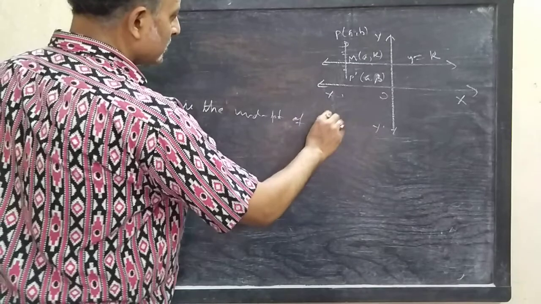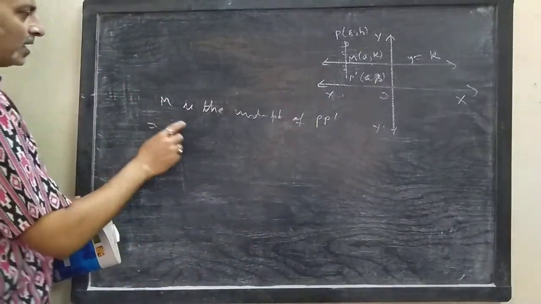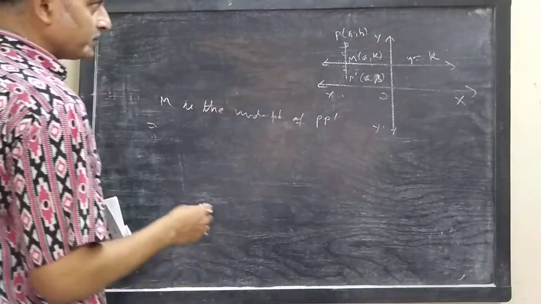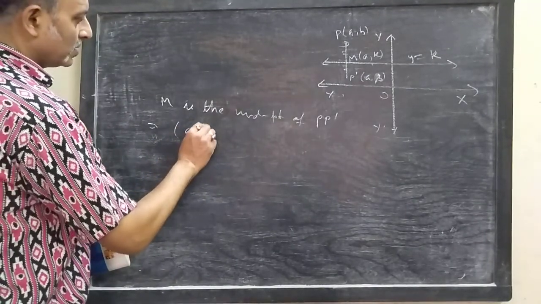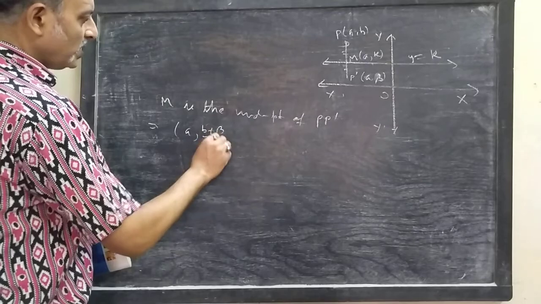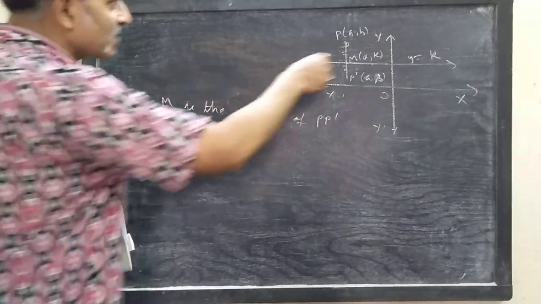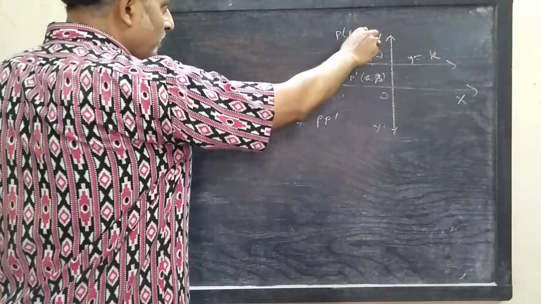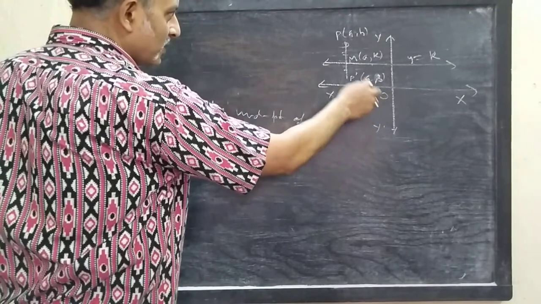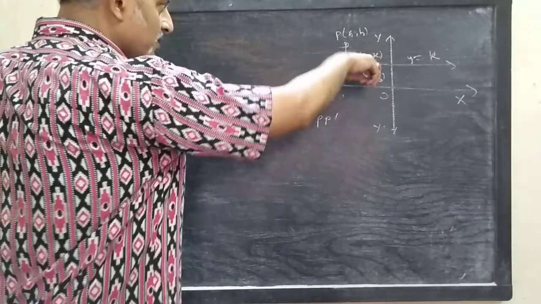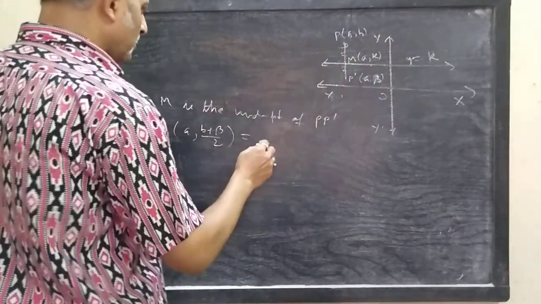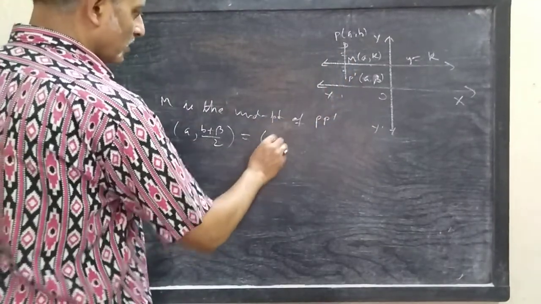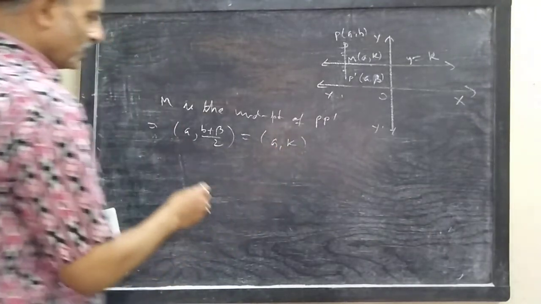That implies, what is the coordinate of M? Its coordinate will be a comma b plus beta by 2. Why? Because ordinate of P is b, ordinate of P dash is beta, so its midpoint's ordinate will be sum of the ordinates by 2, which equals the coordinate of M here, a comma k.